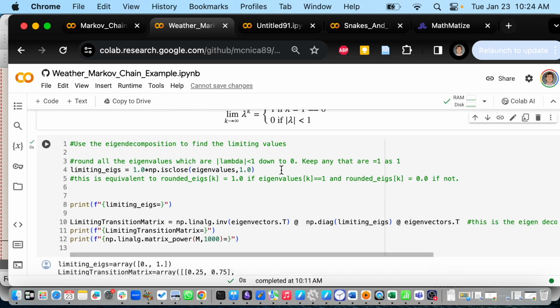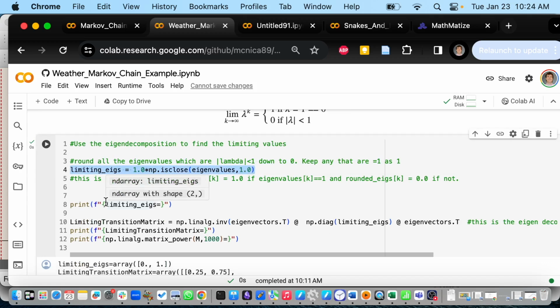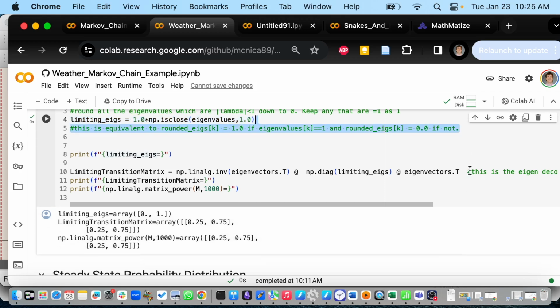And then you can use that to compute the limiting matrix. The one that was 0.2, just delete it. It's 0. The one that is 1, keep that at 1. Here's a little shortcut to do it, but it's doing exactly what I said. And then you can compute the matrix to the power infinity. So here is the limiting matrix, 0.25, 0.75, 0.25, 0.75.